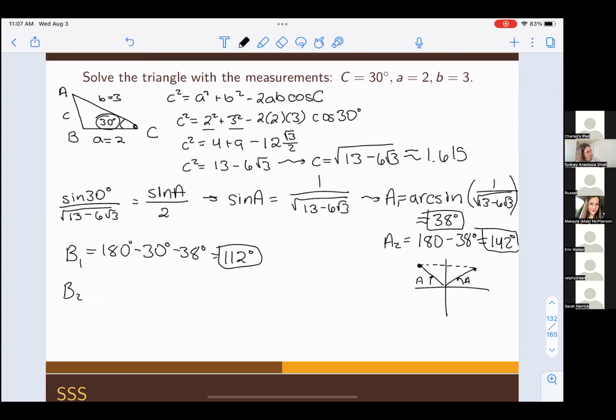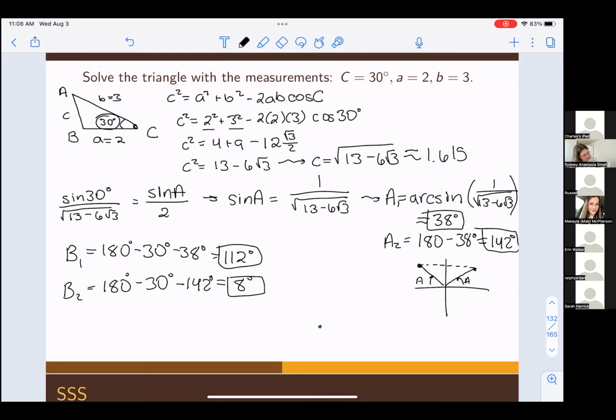B2 is equal to 180 degrees minus 30 degrees minus our other possibility for A, which is 142 degrees, which is 8 degrees. Okay, now which one of these is the real answer? Technically, if I was just asking you to solve an equation, these are both solutions. However, with the geometry, it doesn't work that way, and here's why.